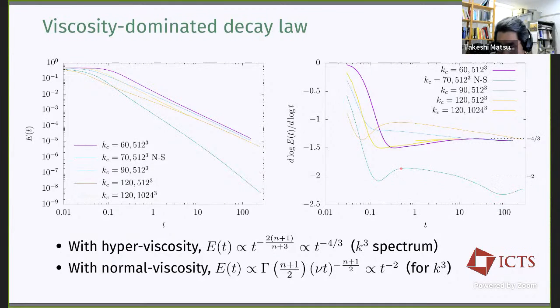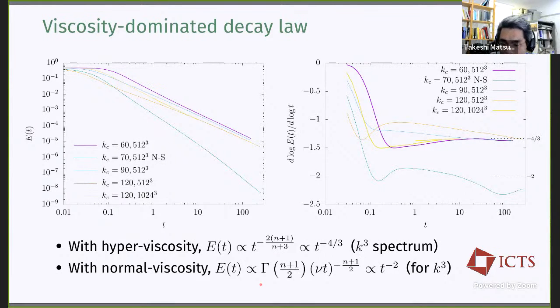it doesn't have a plateau, but this logarithmic local slope is always around -2. And actually, there's an explanation for -2, and the explanation is rather simple. You just ignore the nonlinear term, then your linear equation is just d by dt of E(k,t) equals minus nu times k squared times the energy spectrum.